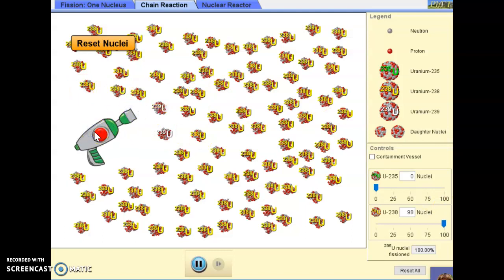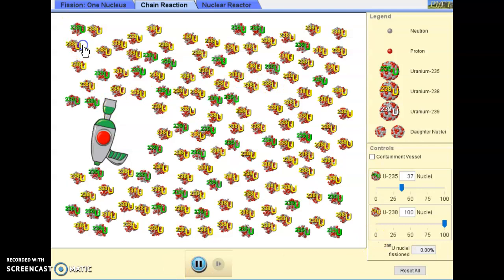I shoot it again. I shoot it again. Nothing's happening. They're absorbing the neutron and not doing a chain reaction. I hit reset.